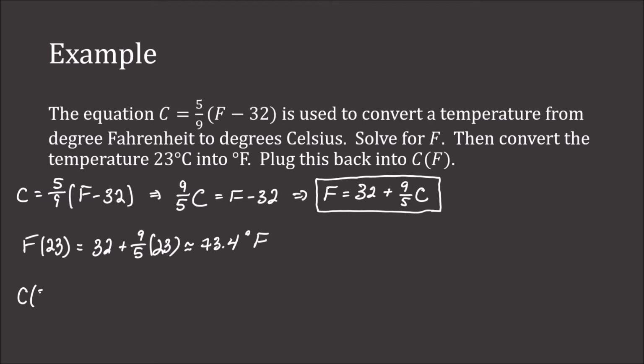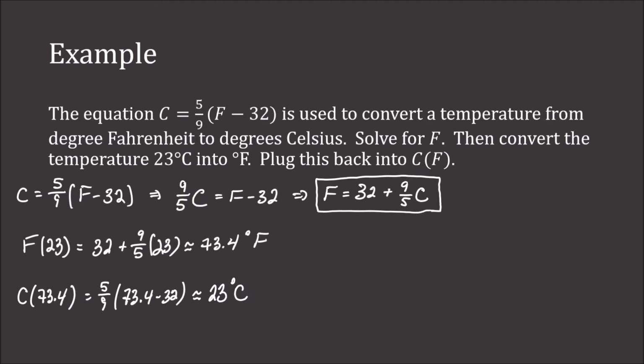So C of 73.4 is 5/9 times (73.4 minus 32). And you'll find that this will give you approximately 23 degrees centigrade.